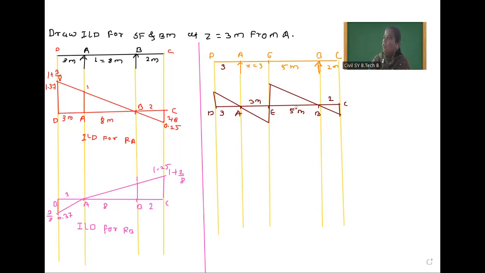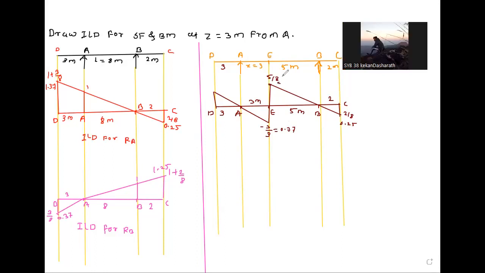How will we find the values? Here 2 by 8, which is equal to 0.25. Here minus Z by L, that is 3 divided by 8, which is equal to how much? I think 0.37, right? And here 5 divided by L, 5 divided by 8, which is equal to how much? 0.63.